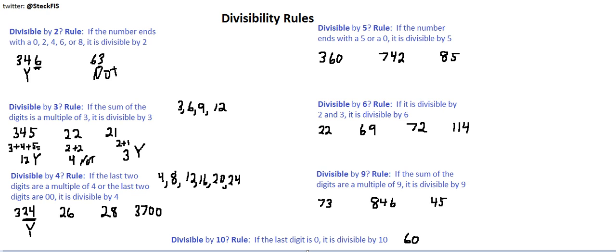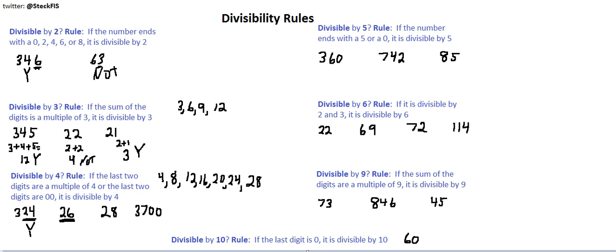Let's look at 26. Here it's a little tricky. The last two digits are the only two digits, so we have to look at that. We went to 24 on our multiples list, but we need to go past that. The next one would be 28. Because we did 24 and 28, 26 would fall in between there.